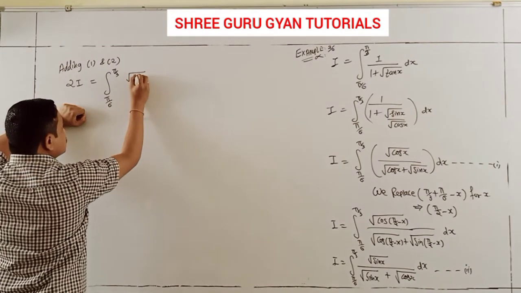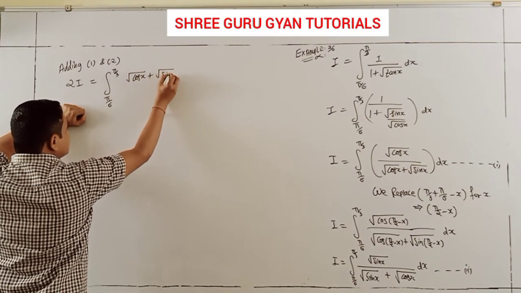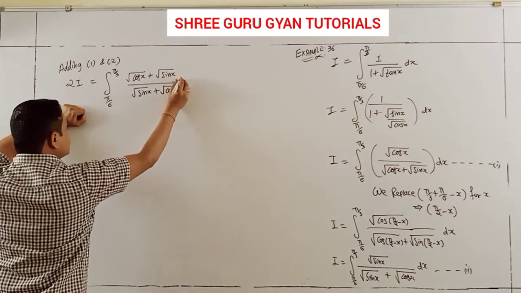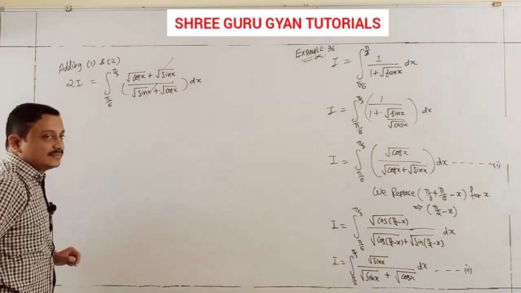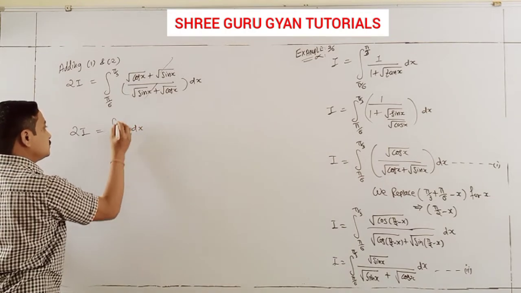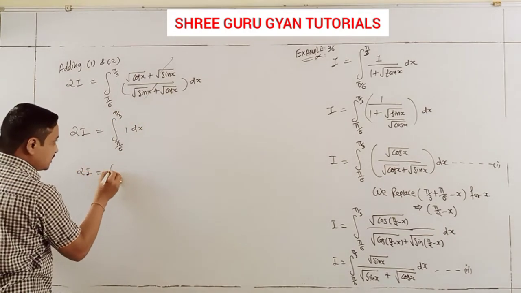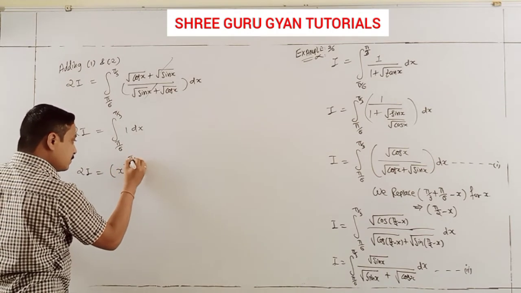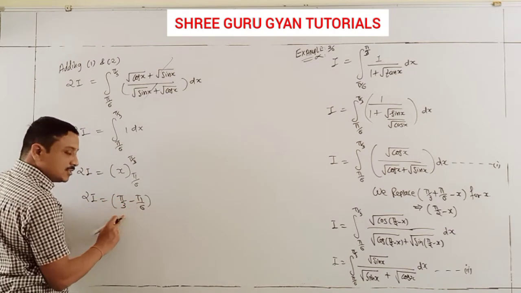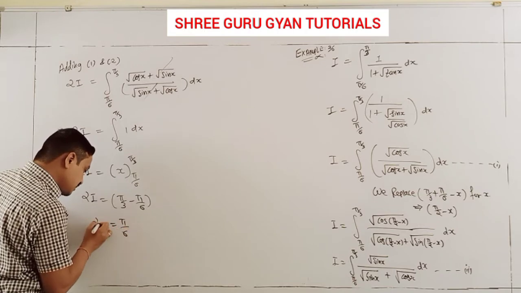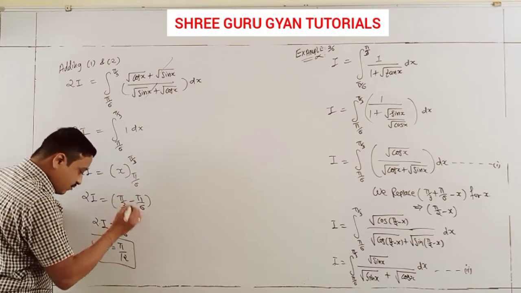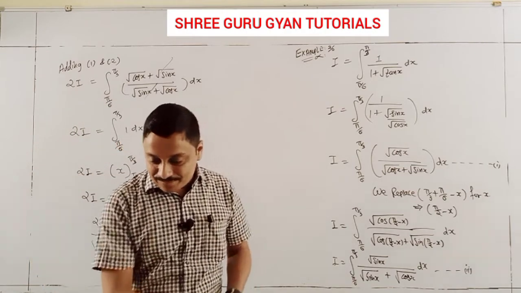Root cos x plus root sin x downwards, root sin x plus root cos x, and the rest is the same, so this cancels and that is exactly 1, pi by 6 to pi by 3. So my answer is x, and for the limit I put pi by 3 minus pi by 6, 60 minus 30, which is 30. So what is I? Pi by 12, and here is the final answer for example 36, students.